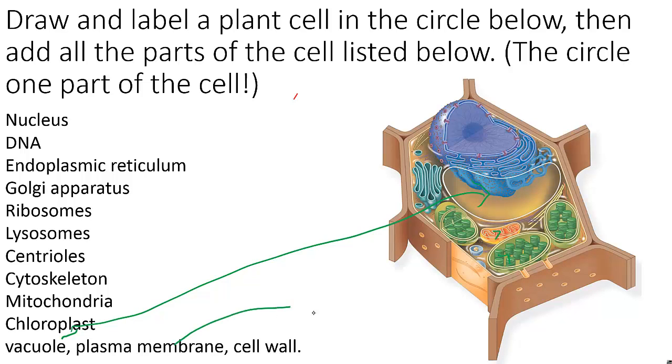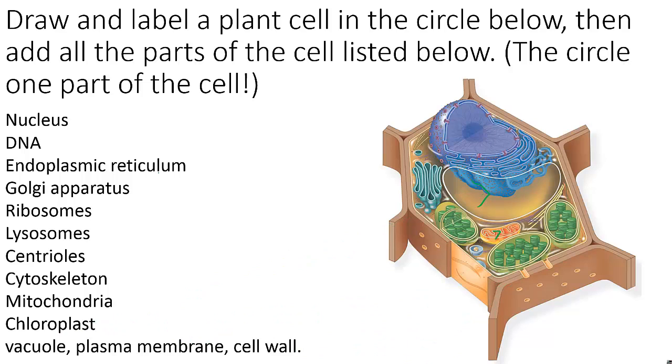Plasma membrane is the wall. The yellow inside membrane. And the cell wall is the outside one. There's two layers there, right? There's one on the inside, the super skinny thin one. That's the cell membrane. The cell wall is the big fat thick one on the outside, okay? Those are all the parts of the cell. You can go back and review that if you'd like.